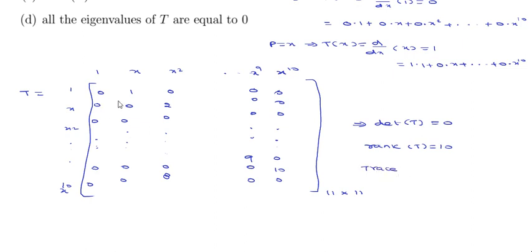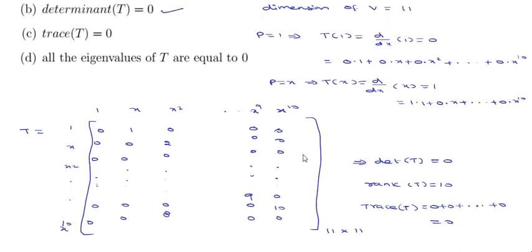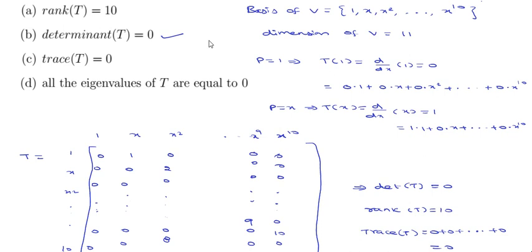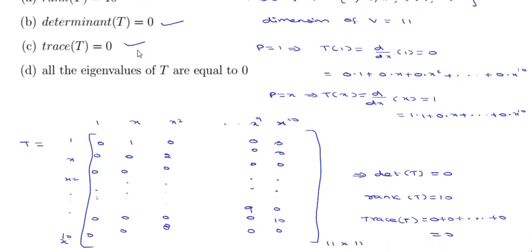So trace is nothing but the sum of the diagonal entries. All the diagonal entries are 0, so trace is 0. So therefore the first option is correct and the third option is also correct.